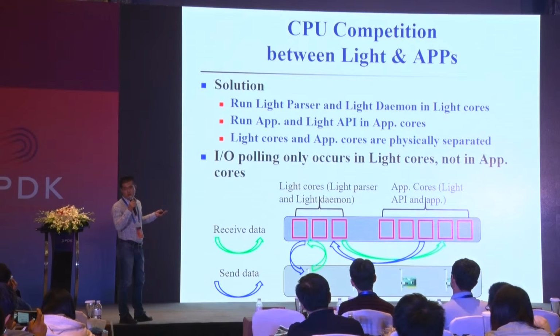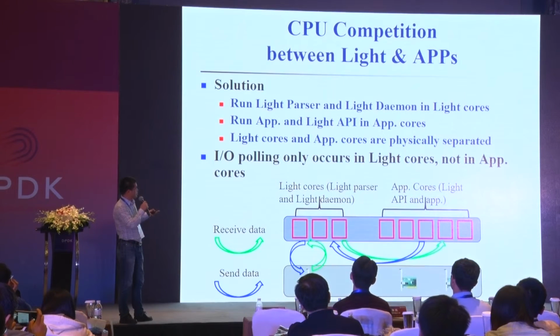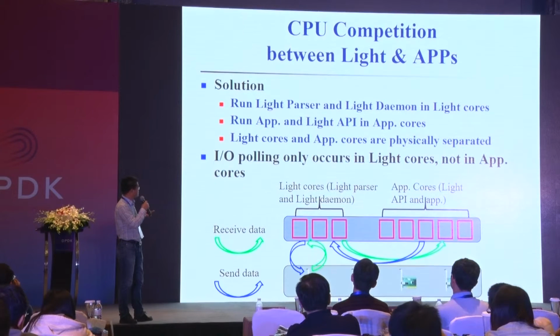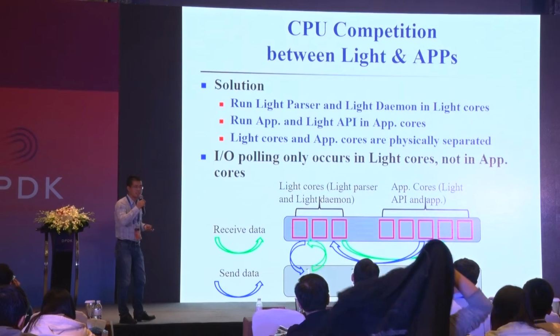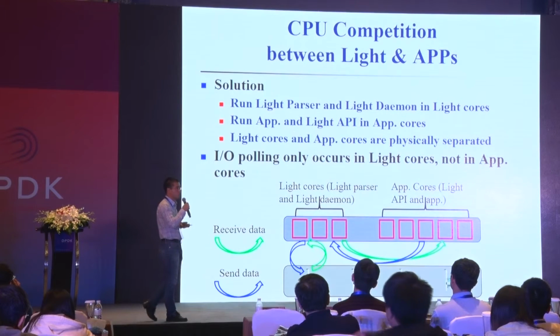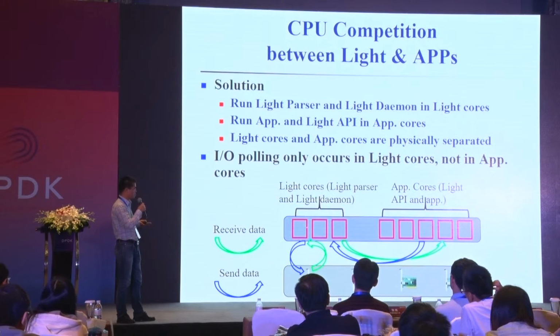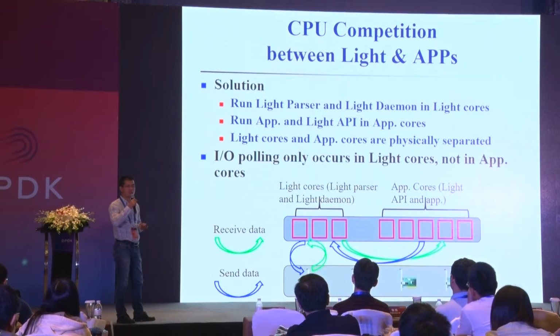Here's our solution. I mentioned 3 modules. Parser and daemon run on the same core, and app and Light API run on other cores, so that, let's say we have 8 cores, and 3 of the cores will do these.